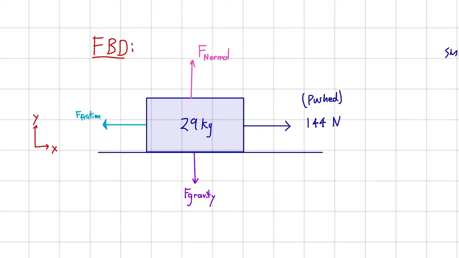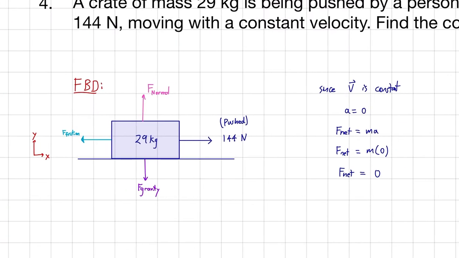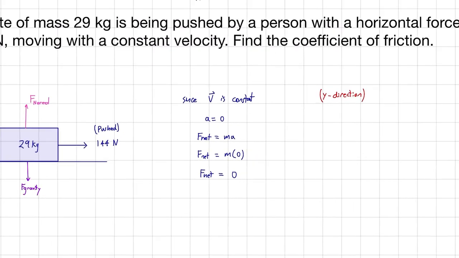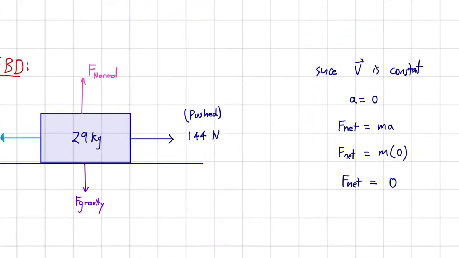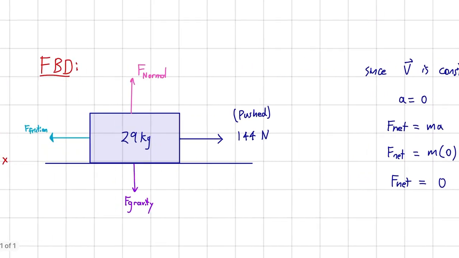So in the y direction, we have a normal force and we have force of gravity. And since we're resting on the ground, our object is not moving up or down.